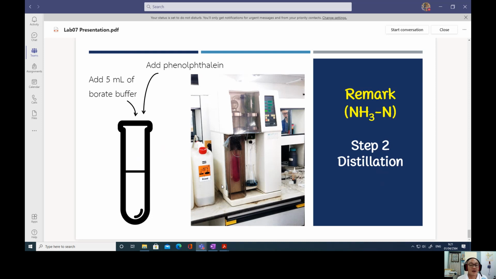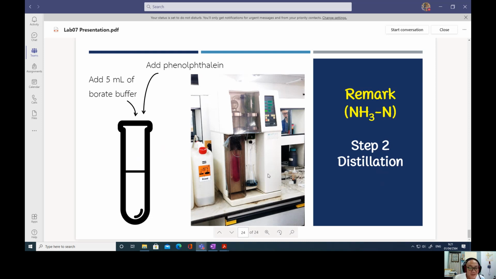So this is how we will do the TKN and also the ammonia nitrogen determination. You can also find the organic nitrogen by taking the TKN subtracted by the ammonia.